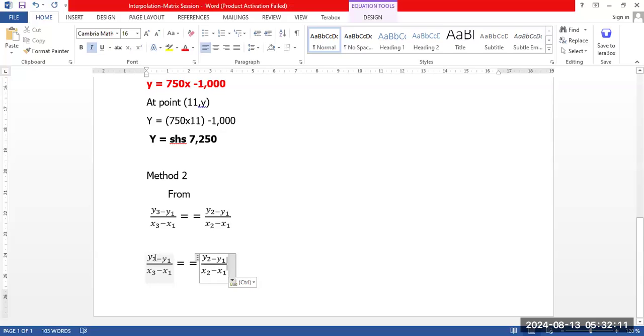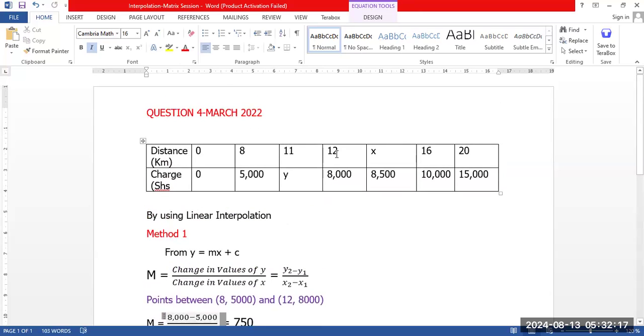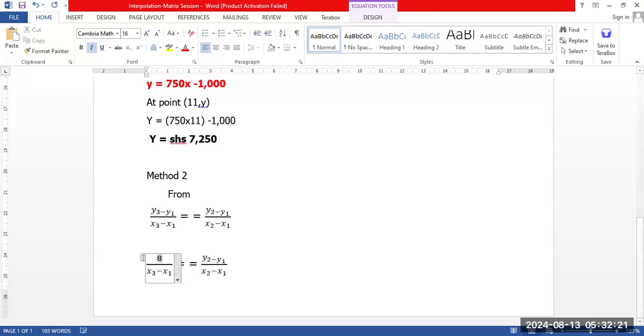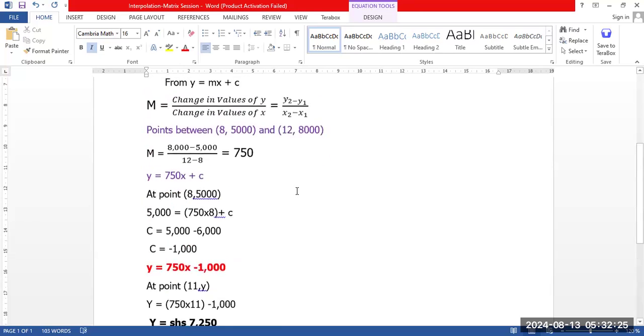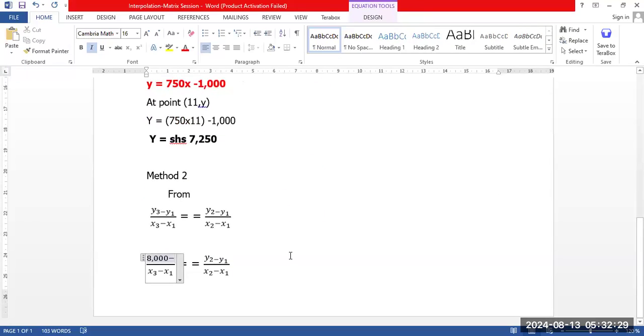Our y3, when you check, is 8,000. Then we subtract our y1. Our y1 is 5,000. I'm not going to do everything, I'm just substituting, you will finish.